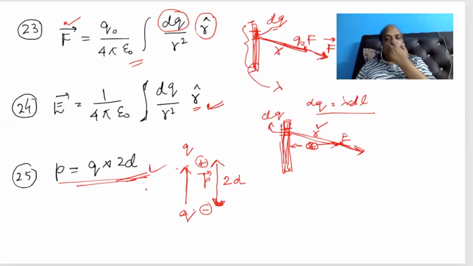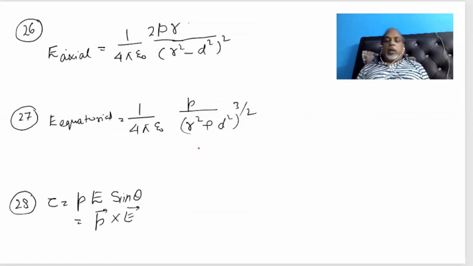This is the dipole moment. Equation 26, if we see, we are saying P has to do something with dipole.